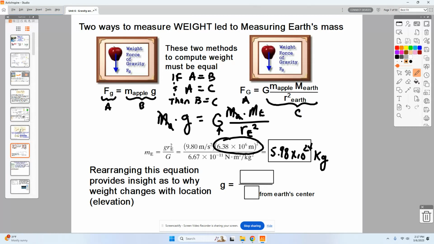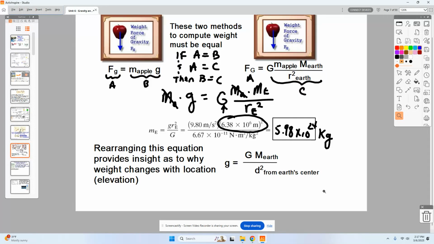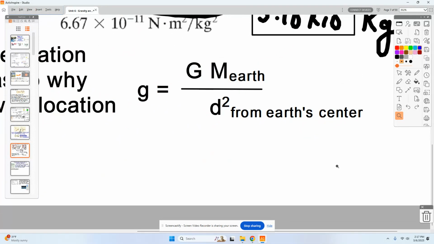Now, let's rearrange that equation. Let's actually calculate, get a value for g. Little g can be found from the big G that Cavendish gave us. And so I want to know the local acceleration due to gravity on Pluto. That would be little g on Pluto. Well, we can use the universal law of gravity to do that.